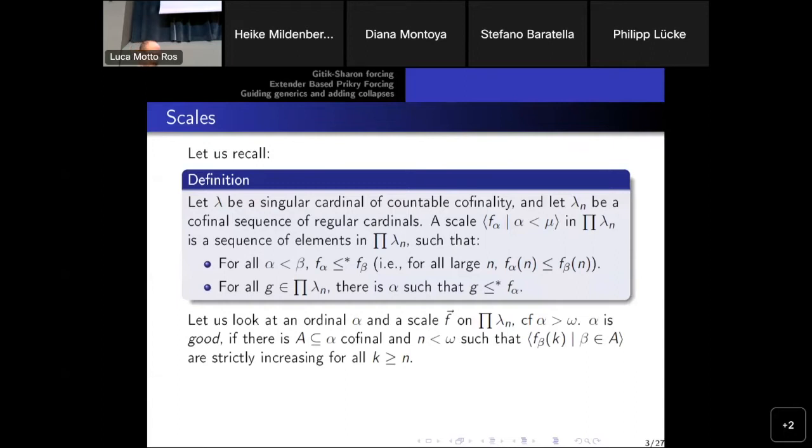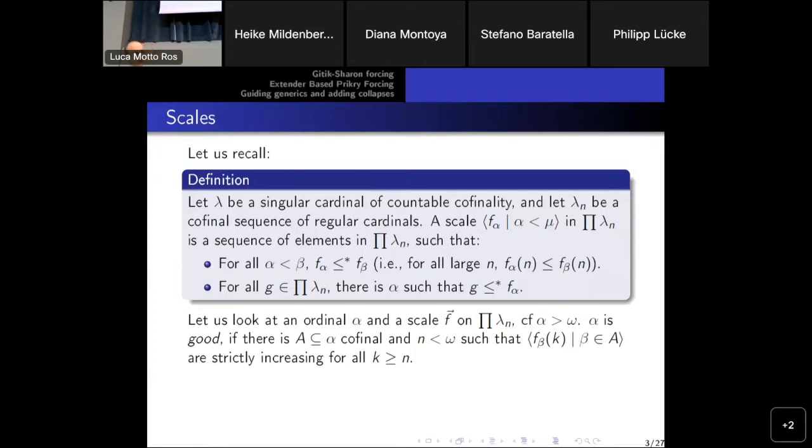Now let's talk about some specific type of points in this scale. Let's take a scale S, and let's take an ordinal alpha of uncountable cofinality.